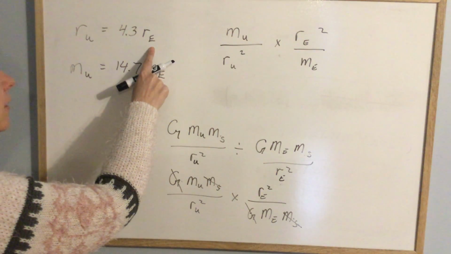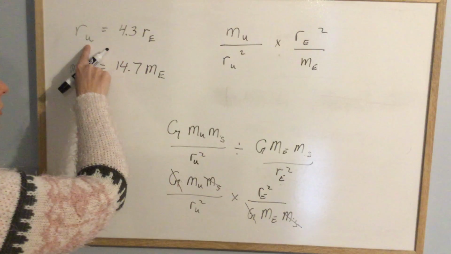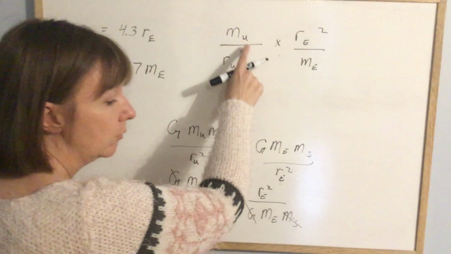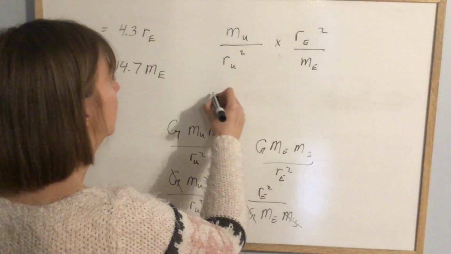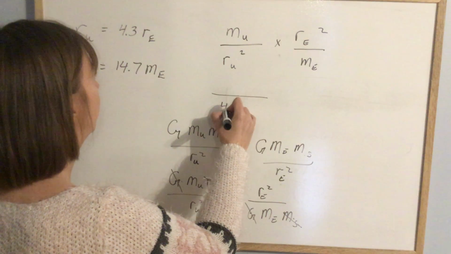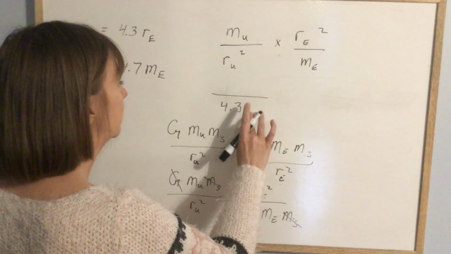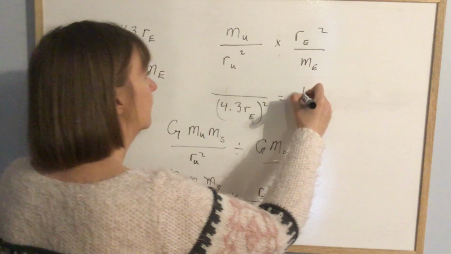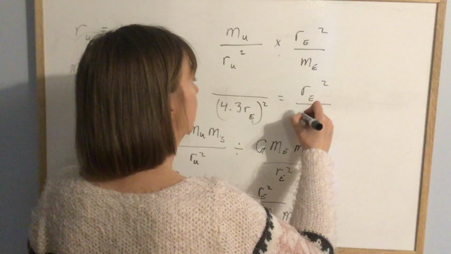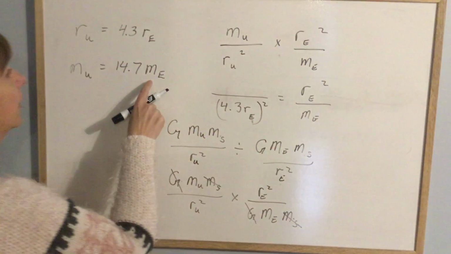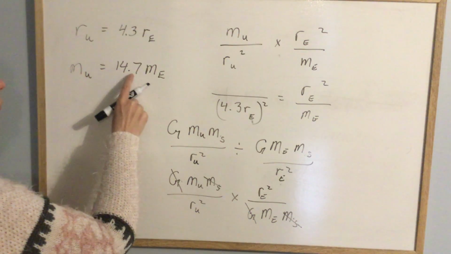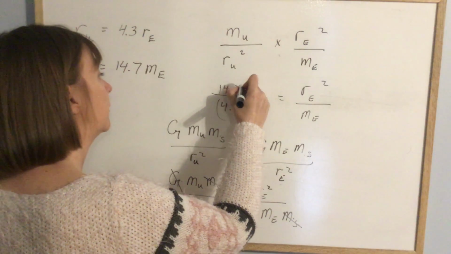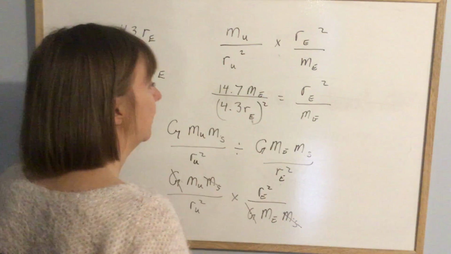I figured that out here because the radius of Uranus is equal to 4.3 times the radius of the Earth. So I can replace this with 4.3 Re, squared, and the mass is 14.7 times the mass of the Earth, so I can replace this with 14.7 times the mass of the Earth.